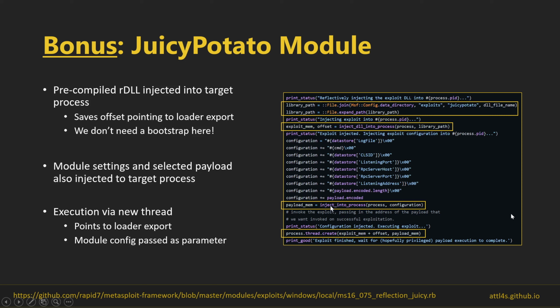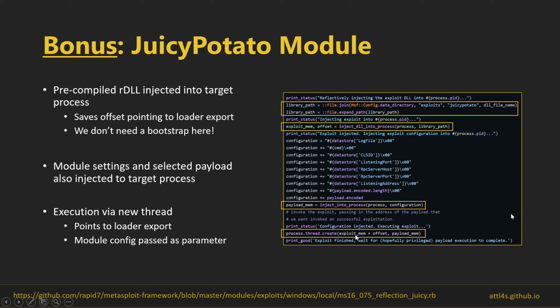And this is injected into the remote process. Okay? Inject into process, the remote process, and the configuration, which contains all the configuration settings and the payload. And this is payload memory. And finally, we're going to execute everything by creating a new remote thread, which points to the reflective loader export.